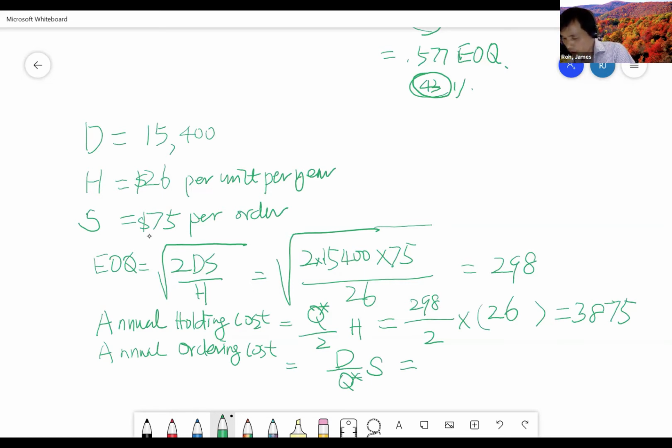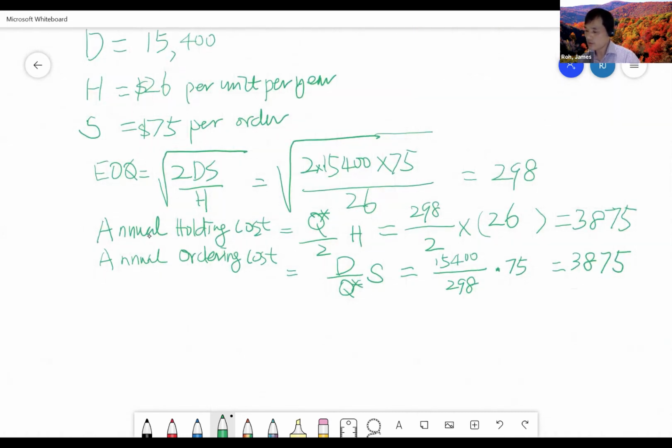And we know annual demand is 15,400 divided by Q star 298 times setup cost, $75. And if you calculate this, you will get actually 3,875. Let me know if I am mistaken.